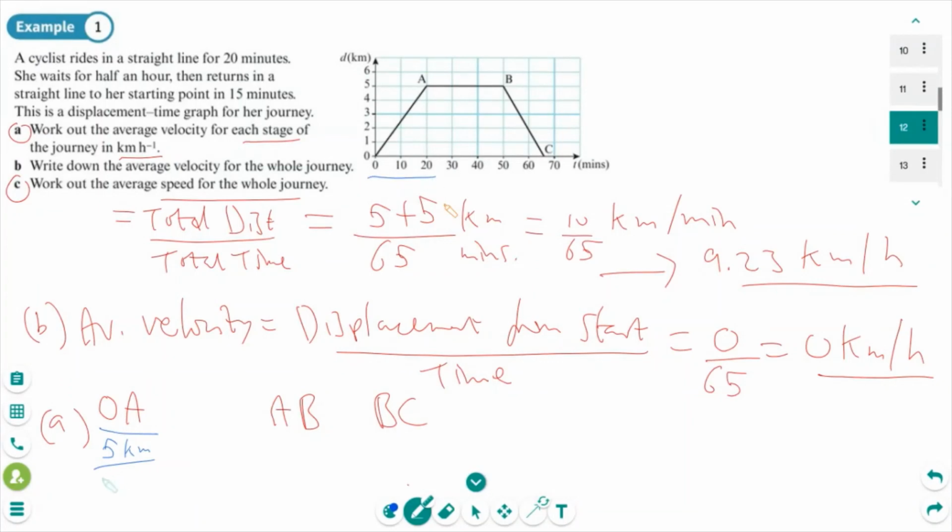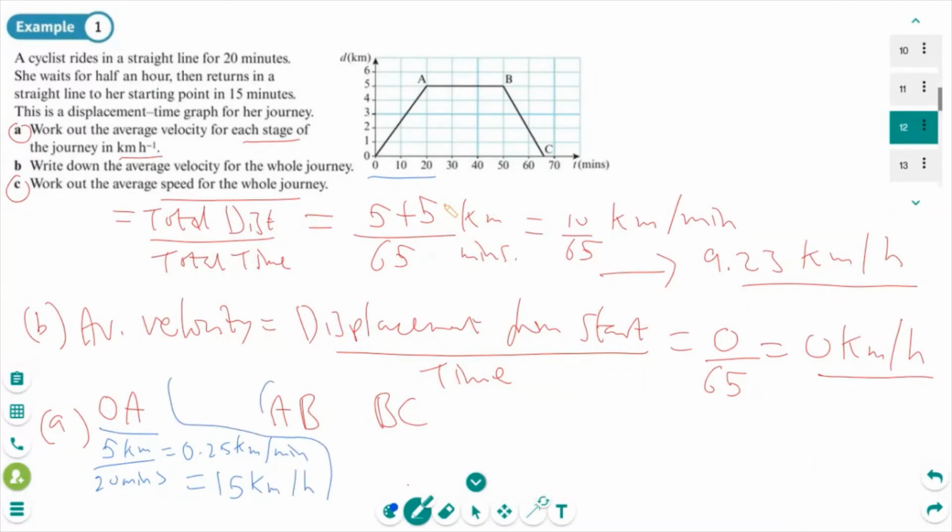Okay, so in other words, that's 0.25 kilometers per minute. Okay, to turn it into kilometers per hour, you times by 60. 0.25 times 60 is 15. So it's 15 kilometers per hour. Okay, so that's for the first stage of the journey, O to A.